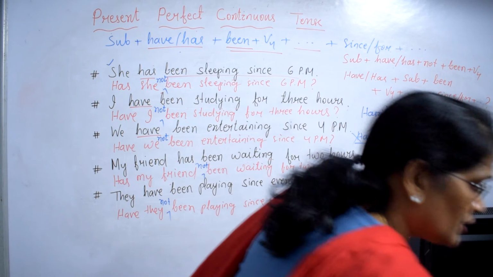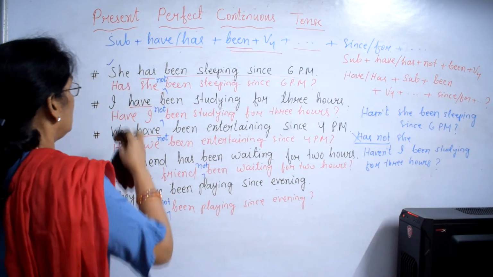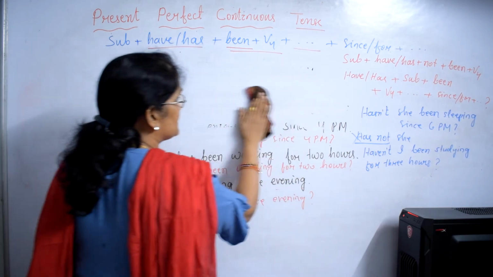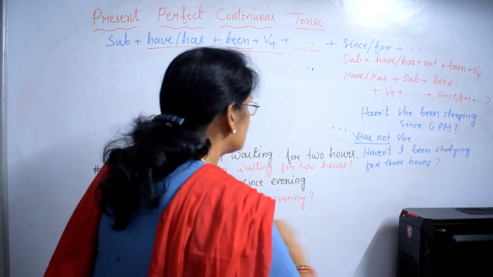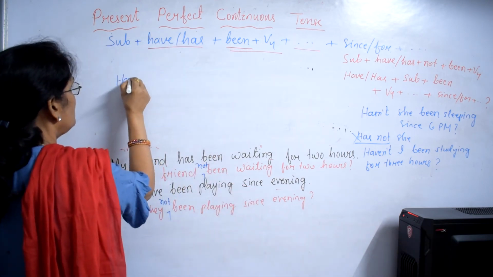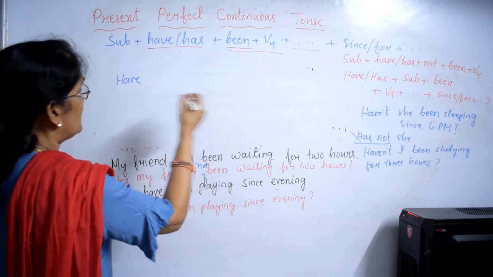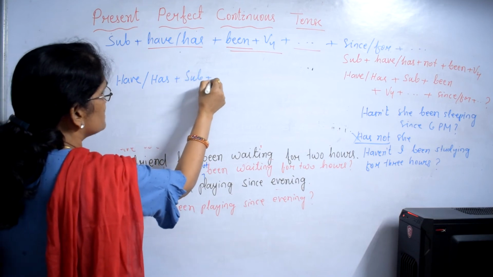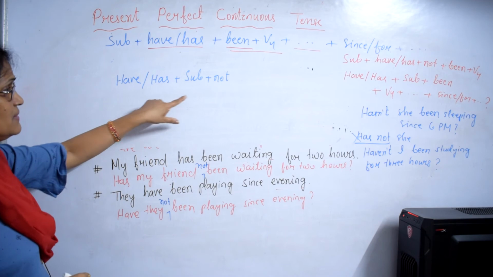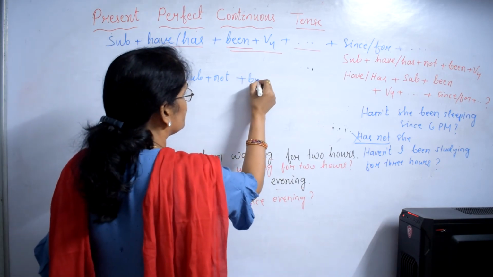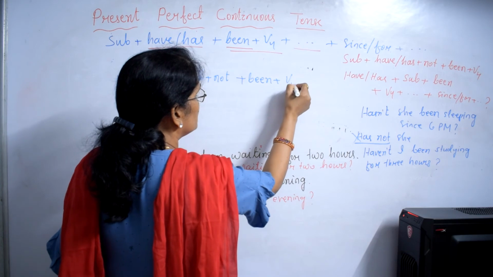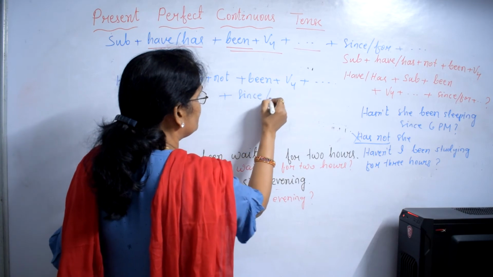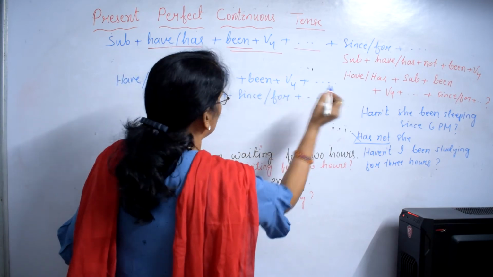So what is the structure for the negative interrogative present perfect continuous? Have or has, plus subject, plus not, plus been, plus verb, plus something, plus since or for, plus time.